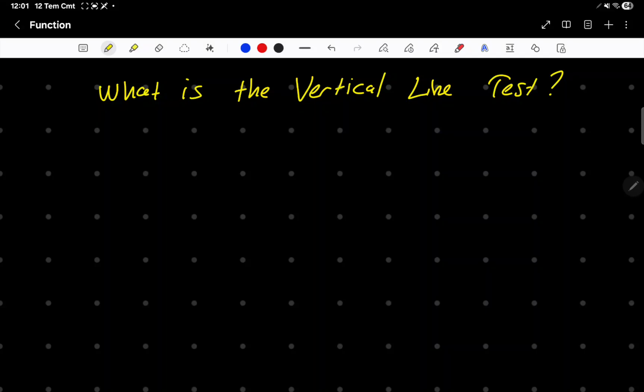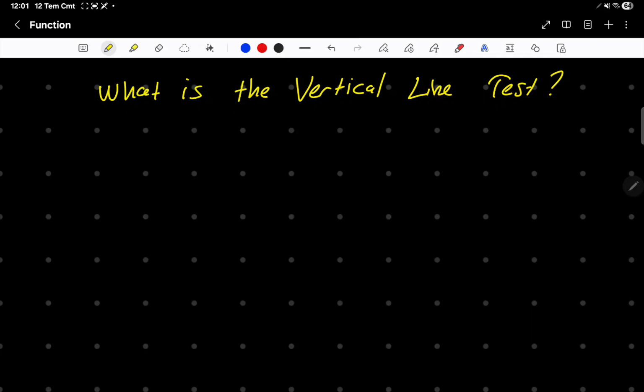Draw a vertical line on the graph. If it touches the graph only once, it is a function. And if it touches the graph more than once, it is not a function.